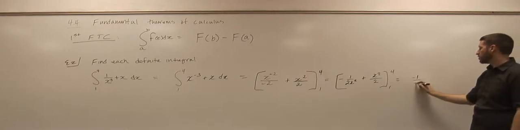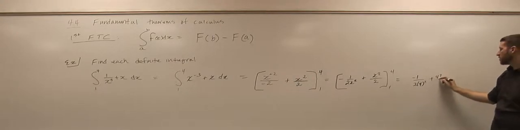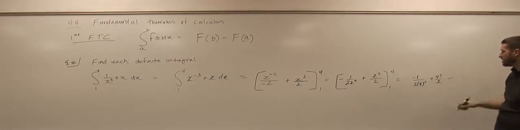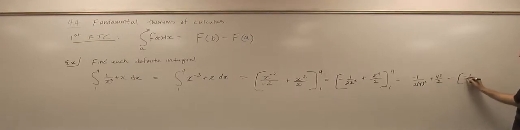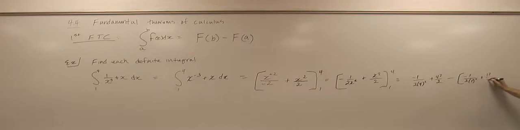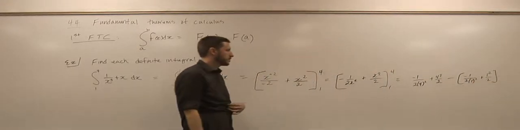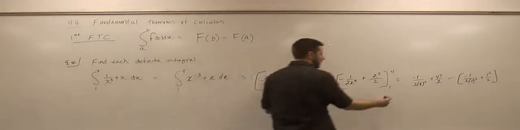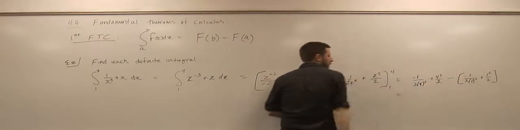It'll be negative 1 over 2 times 4 squared, plus 4 squared over 2, minus negative 1 over 2 times 1 squared plus 1 squared over 2. Don't forget these parentheses, because this minus applies to the whole sum.